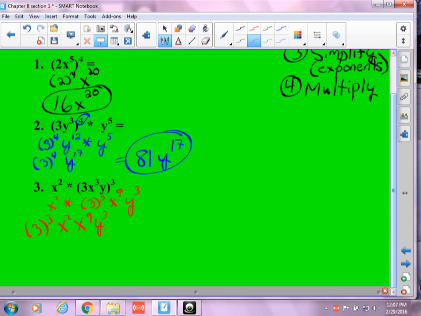And I tend to do my x's before my y, and the reason why is because they like it in alphabetical order. So when you do your answers, they're in alphabetical order. Okay? So now, what do I do next? I need to simplify the exponents. Yep.